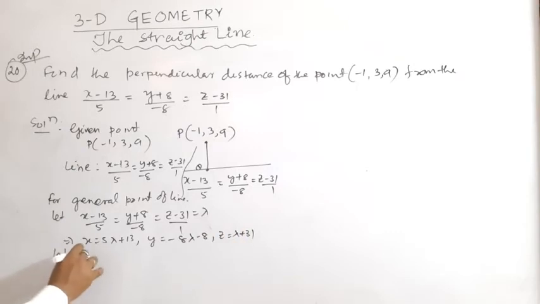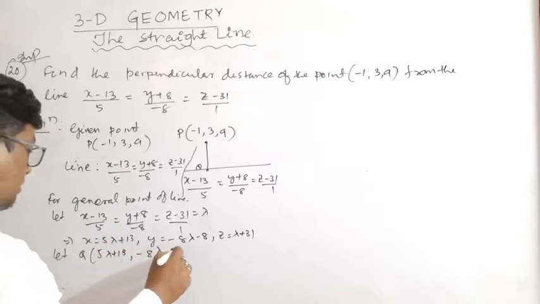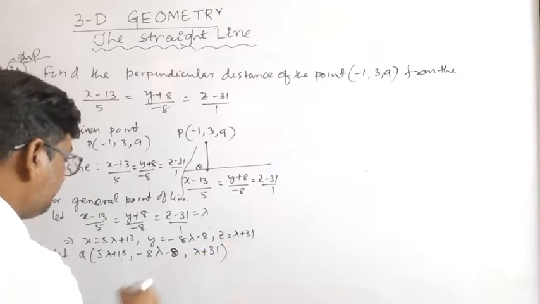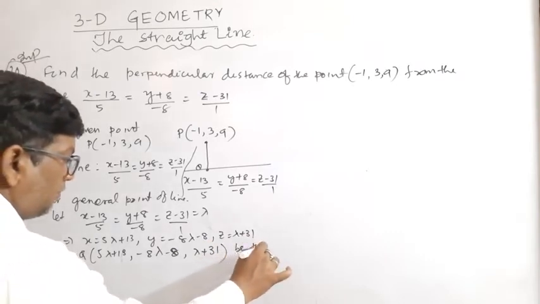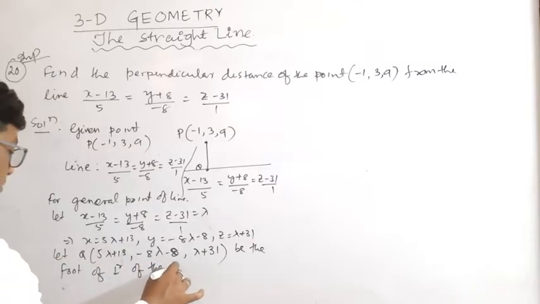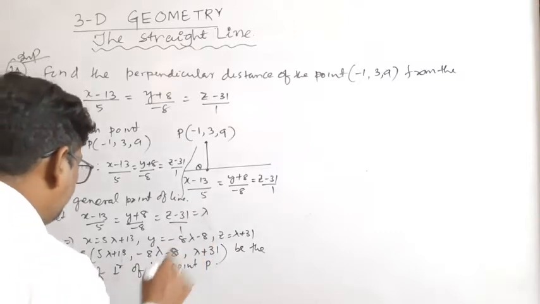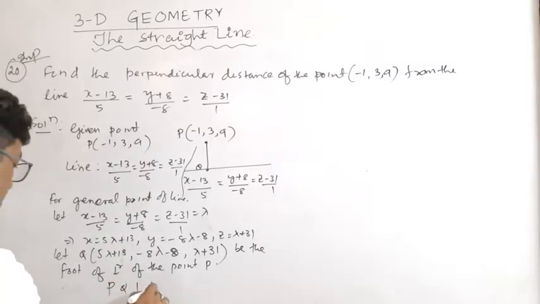Let Q (5 lambda plus 13, minus 8 lambda minus 8, lambda plus 31) be the foot of the perpendicular from the point P. Now, the DRs of the given line: PQ is perpendicular to the line.